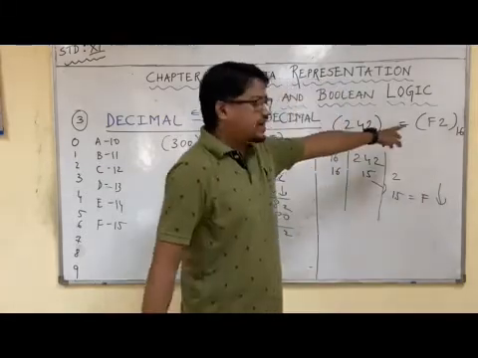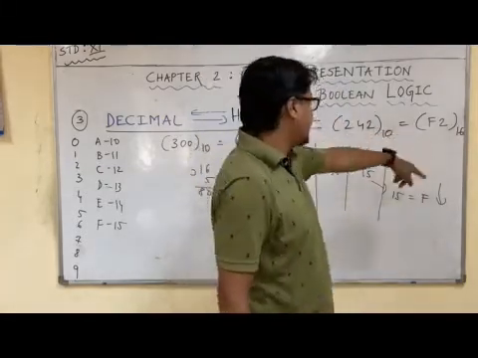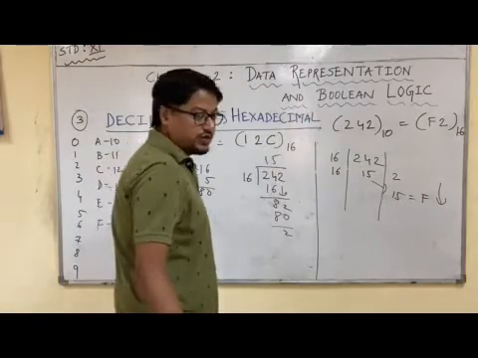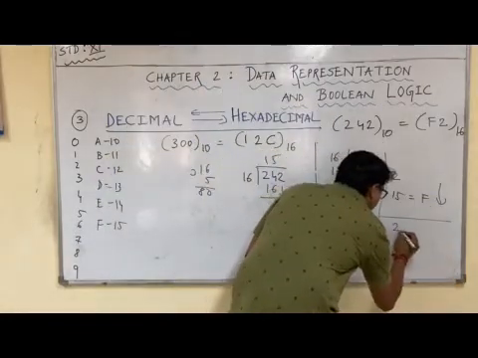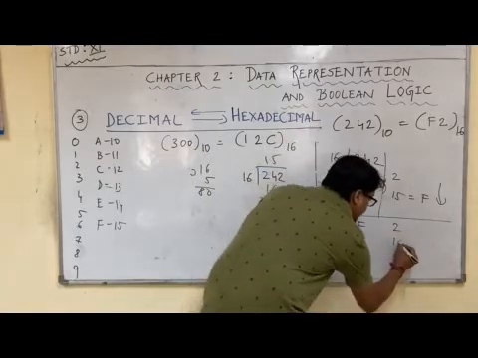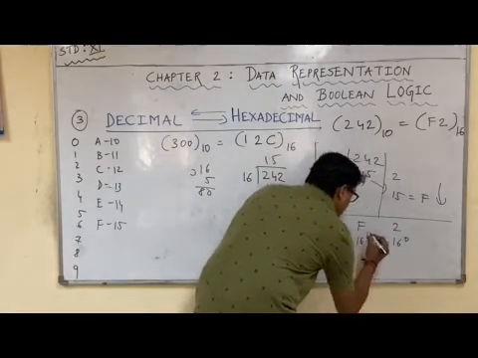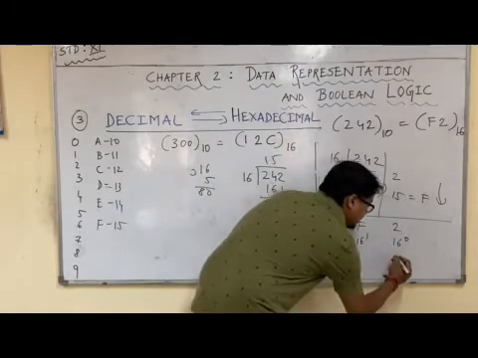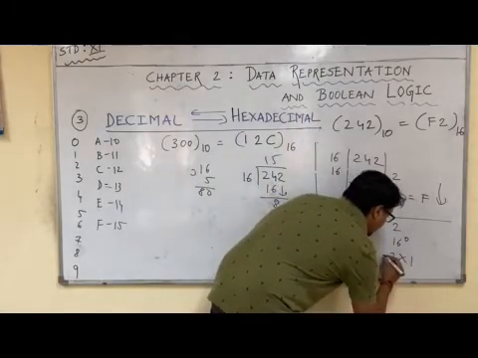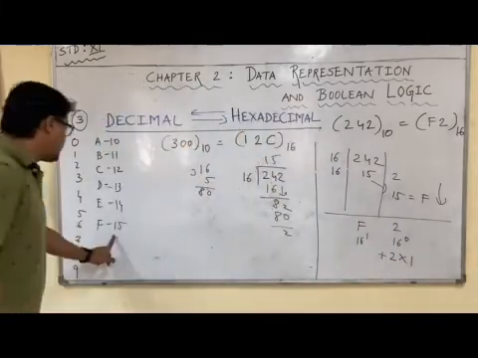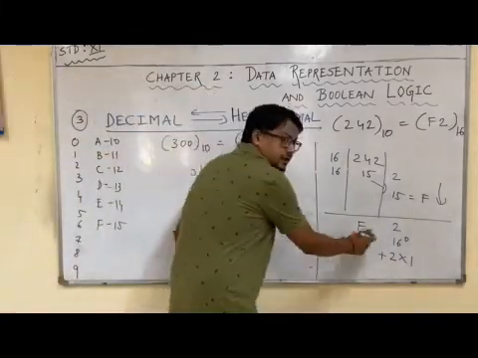Okay, let us quickly convert this hexadecimal back to decimal so that this understanding will be very clear. So I am writing F2, 16 to the power 0, 16 to the power 1. 16 to the power 0 is 1. So 2 into 1 plus, what is the meaning of F? 15. 16 to the power 1 is 16.